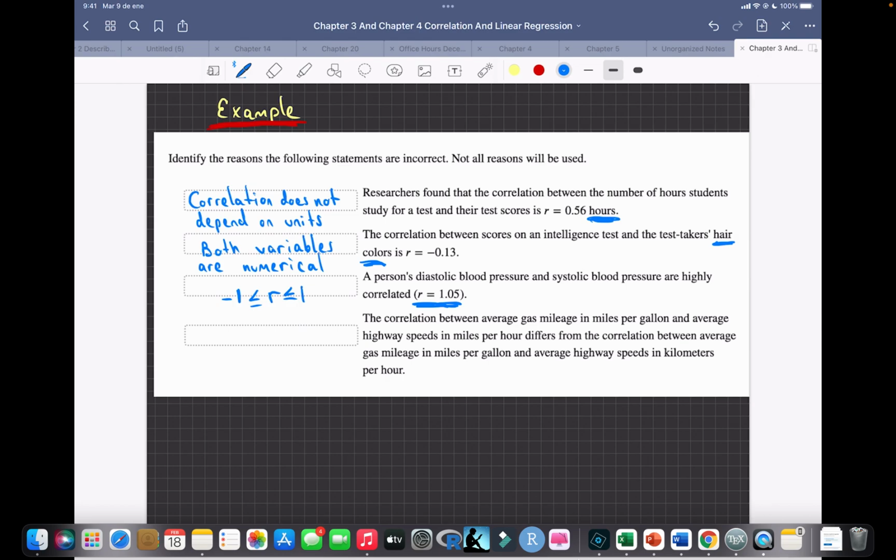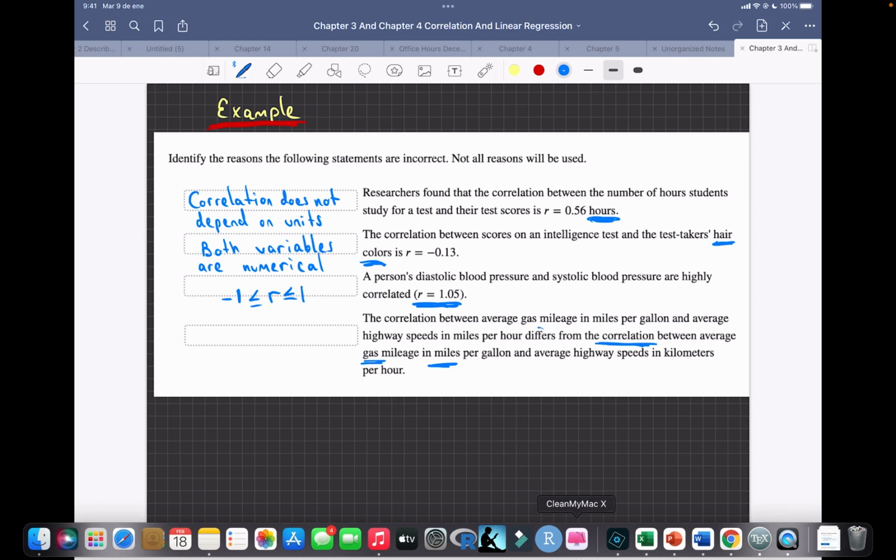Correlation does not depend on units. This is impossible. Again, correlation doesn't have units.